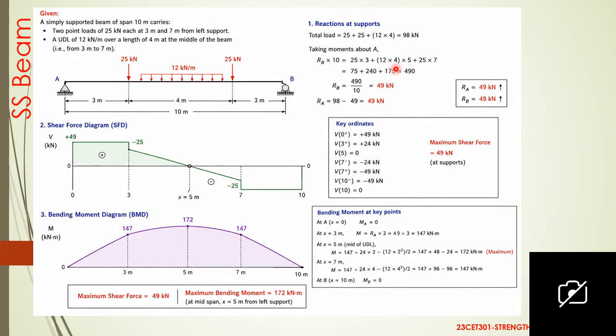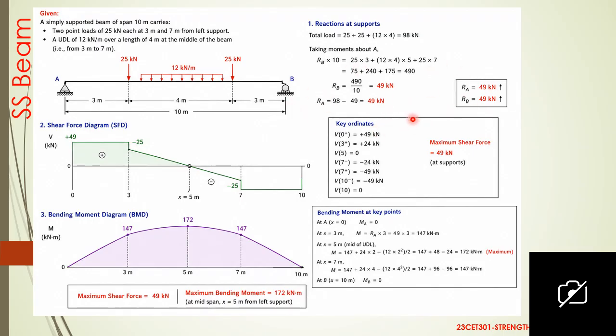Here we can see 12 into 4 into 5. If you solve this, we will get the value of 49 kilonewton.